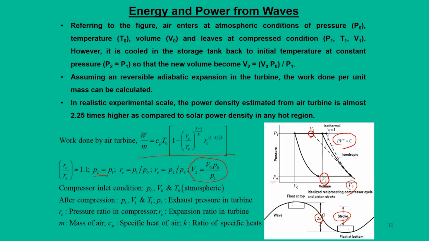P3 is the exhaust pressure from the turbine, RC is P1 by P0, RE is P2 by P3, and effectively RC by RE is in the order of 1.1. These are the realistic numbers that we get. We are not going deep into these calculations here, but that is the end result: ultimately how much power we can harness from a wave.